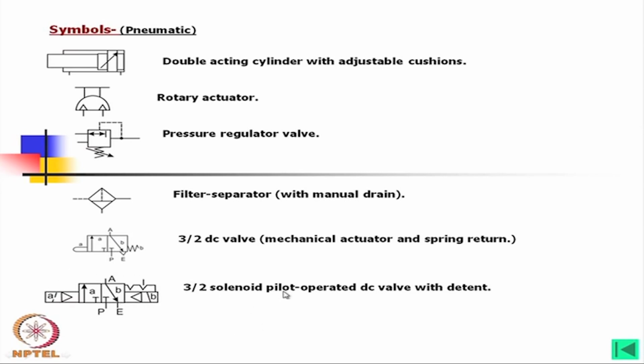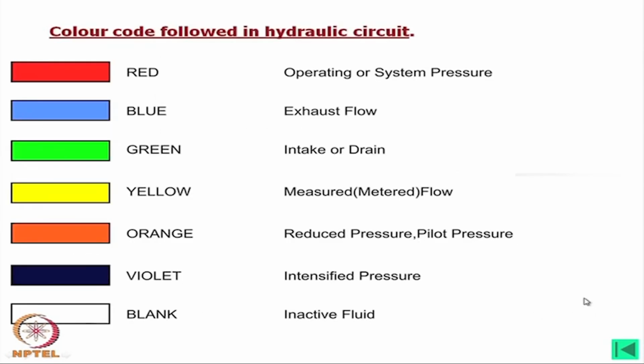Similarly, a 3/2 solenoid operated DC valve with detent looks like this. Now, again I would like to mention, usually while you are designing the circuit, not the pneumatic, but the hydraulic, these colors are used. You may follow this.